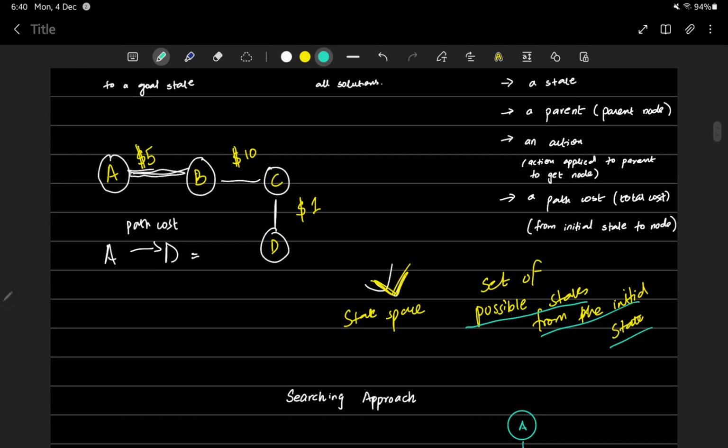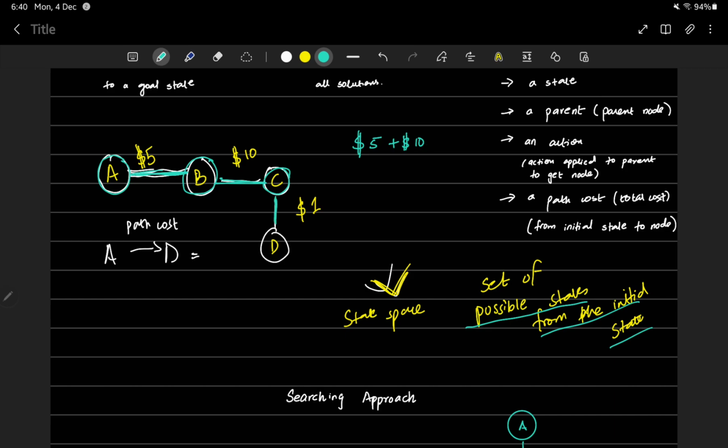now check this. First from A I'll go to B, right? Because that is the only way. So I spent $5. Then from B I'll go to C, that is the only way, so I'll spend $10. My total cost is 15 now.